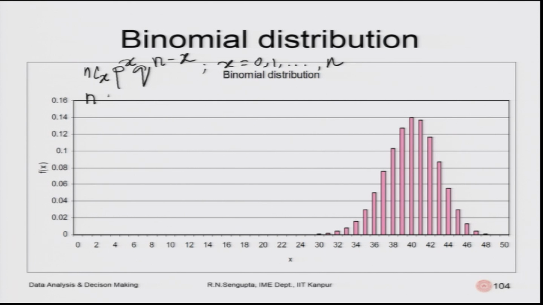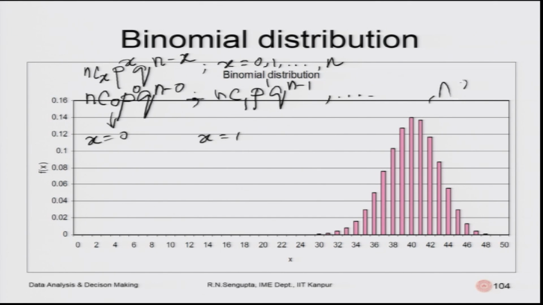The first term is nC0, p to the power 0, q to the power n minus 0. When you have x as 1, you will have nC1, p to the power 1, q to the power n minus 1, and it goes to the last term which is nCn, p to the power n, q to the power n minus n.